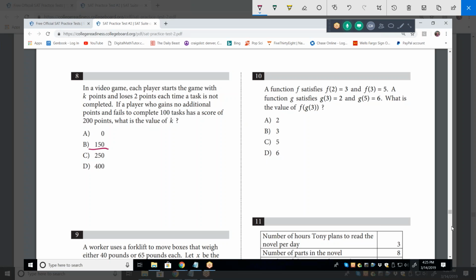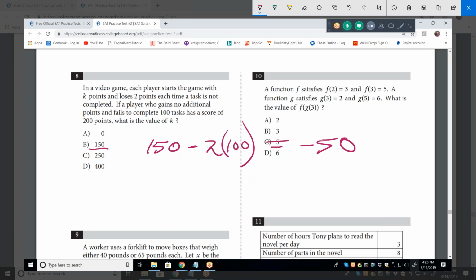Okay? So let's assume K is 150. Well, he started with 150 points, and he lost 2 points 100 times. That's equal to minus 50, which is not 200.